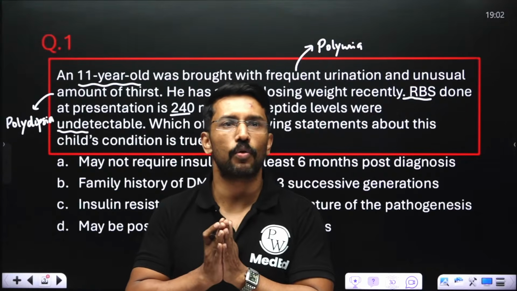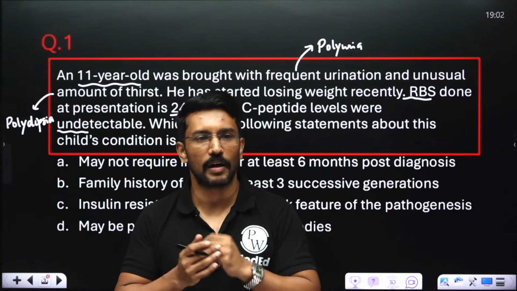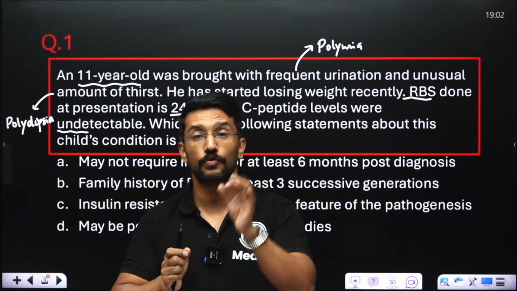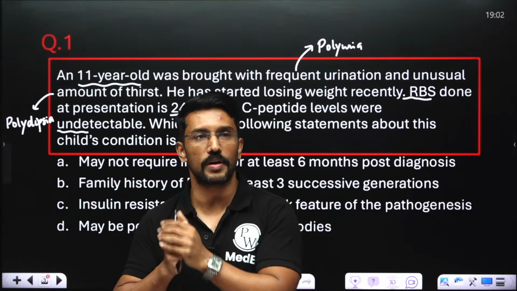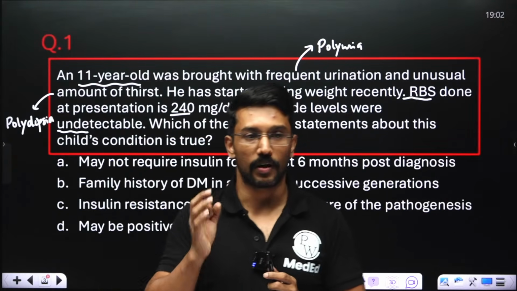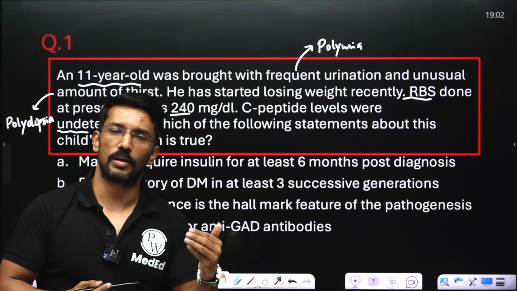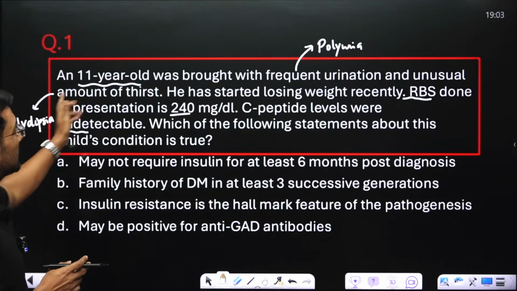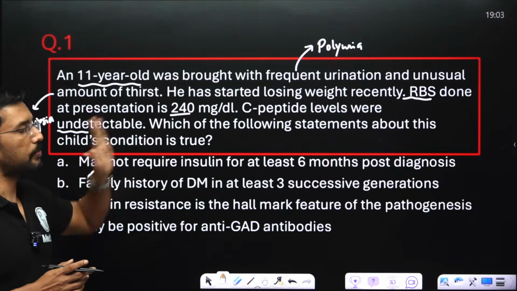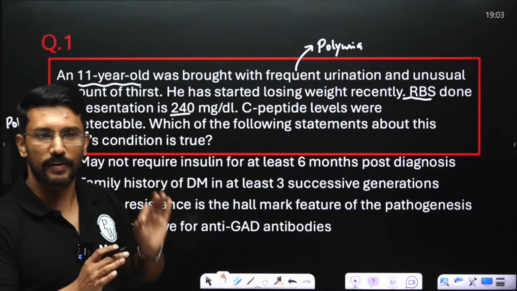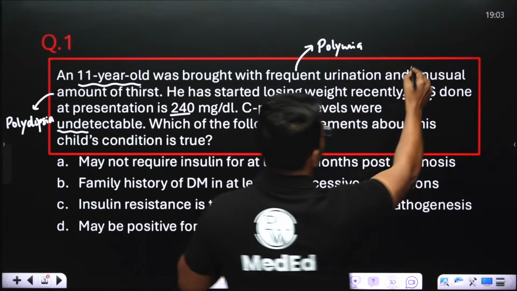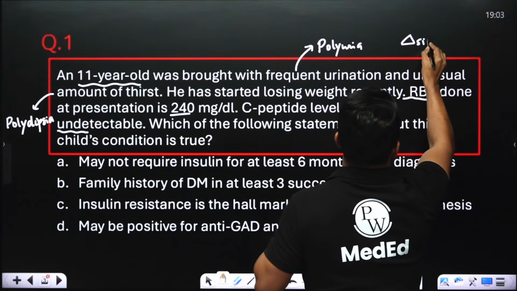And we learned about a fourth condition. We can diagnose diabetes with RBS more than or equal to 200 milligrams per deciliter, provided the patient has symptoms of diabetes. What are the main symptoms? Polyuria, polydipsia, polyphagia, and weight loss. So this patient has the symptoms and RBS is 240 milligrams per deciliter, so I can make the diagnosis of diabetes according to the criteria we learned. This patient has diabetes for sure.